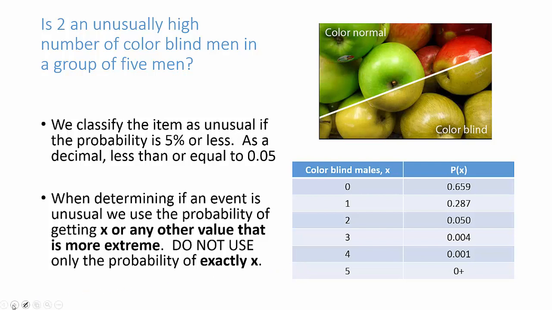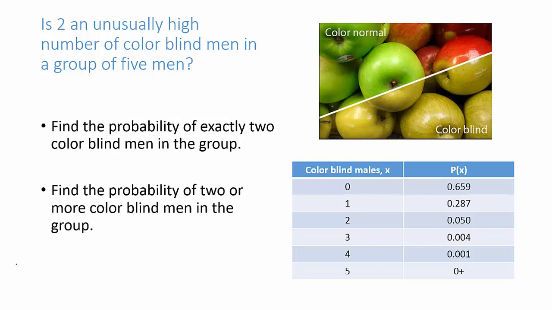So let's answer a couple questions before we answer the question about unusual. The first question we have here is find the probability of exactly 2 colorblind men in the group. That's easy. We just read off the chart, and it is 0.05. If you want that extra significant digit, go for it. Second, we're asked to find the probability of 2 or more colorblind men in the group.